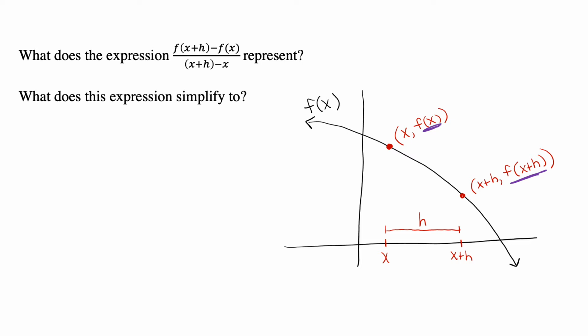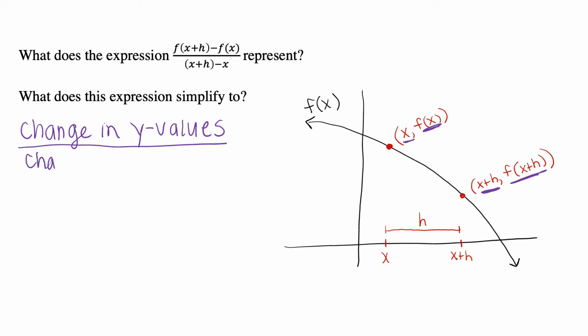So if we're finding the difference there, what we're really finding is the change in our y values. And then looking at the denominator, x plus h minus x, what we're looking at there is the difference in our x values. So we have the change in y over the change in our x values.